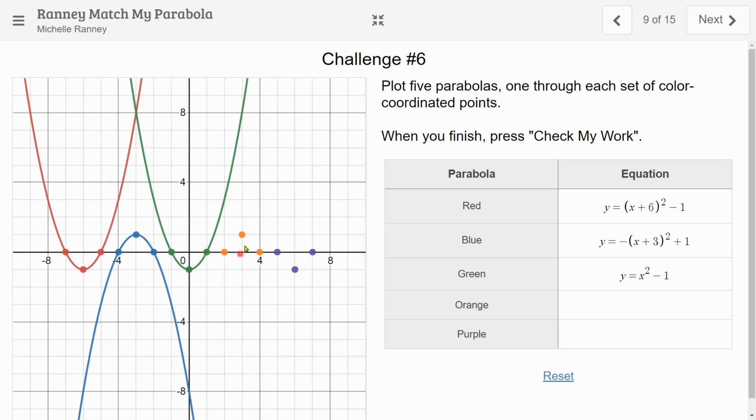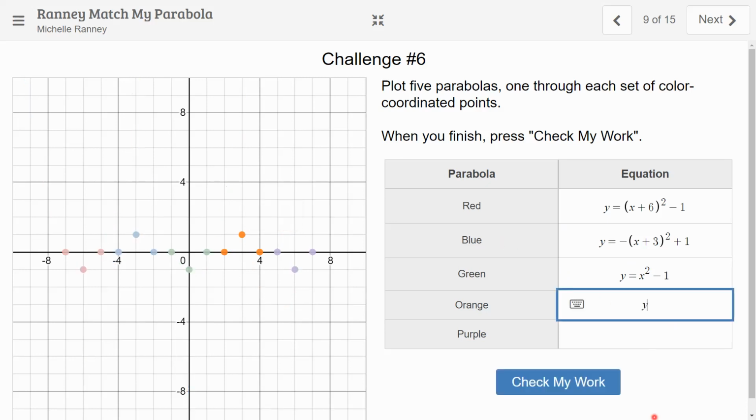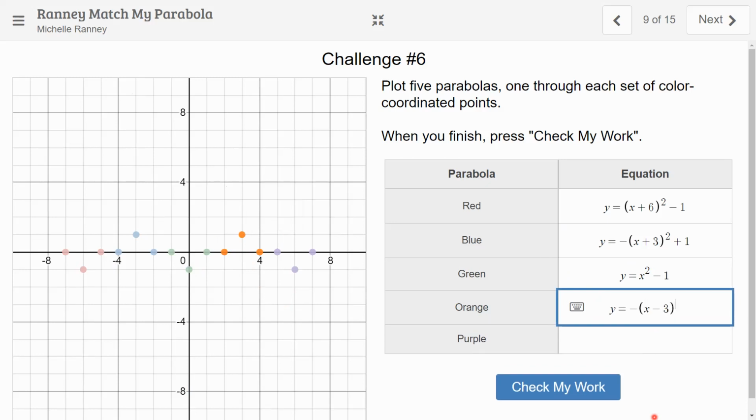And we're moving it to the right 3, up 1, and then flipping it. So to flip it, I'm going to put a negative. To move it to the right 3, x minus 3, because 3 will make x minus 3 0. Again, this negative will not change that.